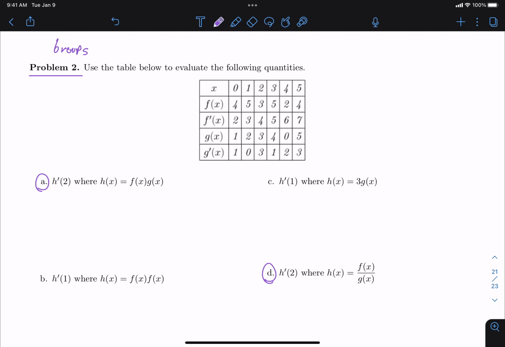So, if I want to do h prime of 2, what do I need to do? I need to put a 2 everywhere I see an x. Okay, well, first of all, this should be plus.